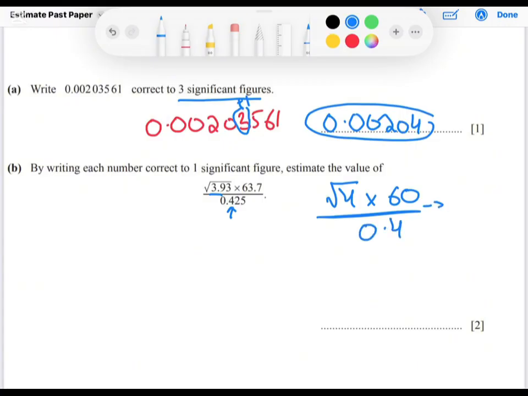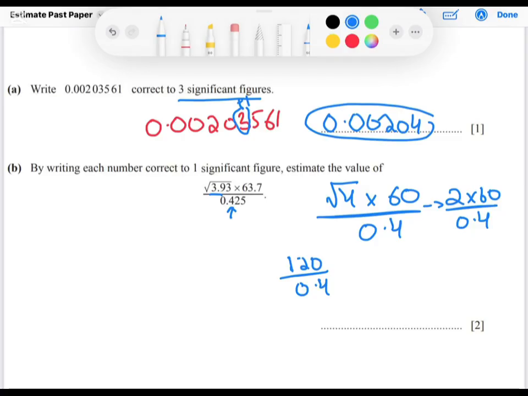Now root 4 is 2, multiplied by 60, divided by 0.4. So 2 multiplied by 60 will give us 120, and divided by 0.4. Okay, so now I need to remove the decimal point.